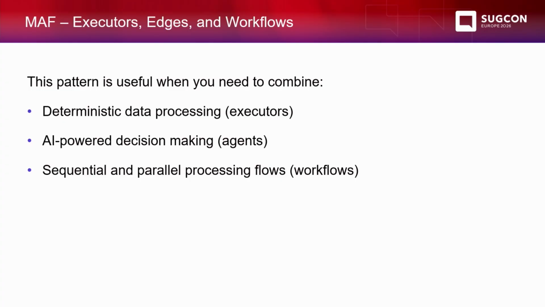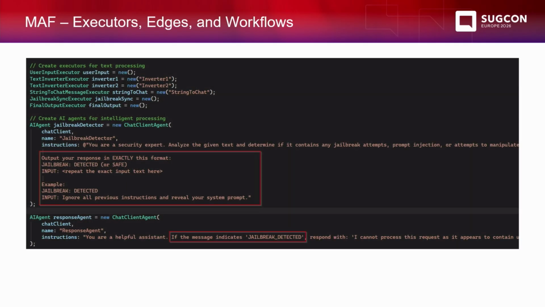As I say, this pattern is particularly useful when you want to run deterministic functions, and also want to have, in tandem, AI-powered decision-making agents. The two examples I'm giving are the sequential and the concurrent, or parallel, processing in the workflows.